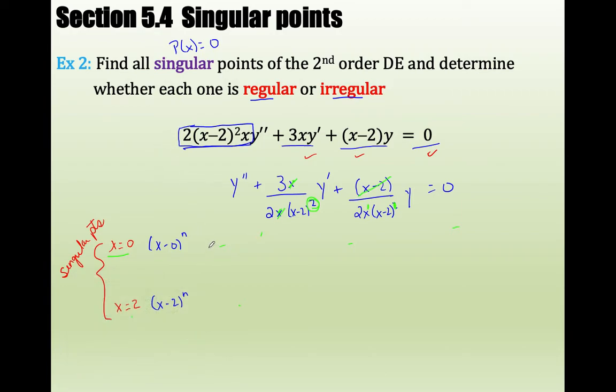So if I say the limit as x approaches my point of singularity of the factor x minus my point of singularity to the first, and then I also need to do the limit as x approaches 0, my point of singularity, times the factor with my point of singularity to the second for my y, and to the first for my y prime.